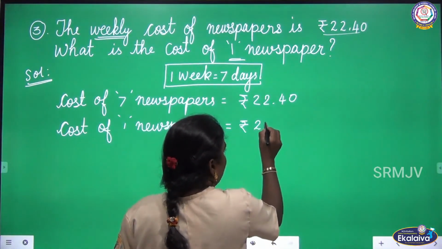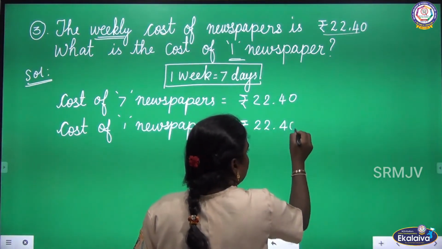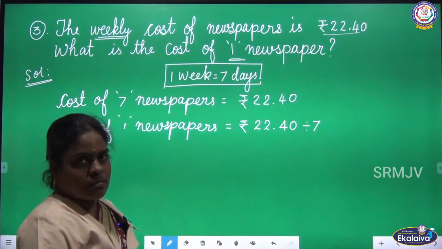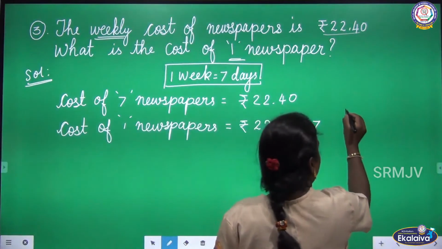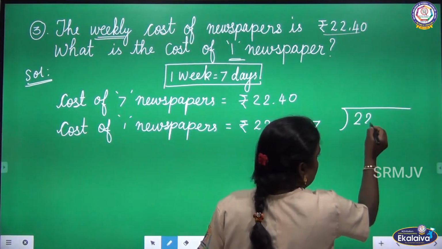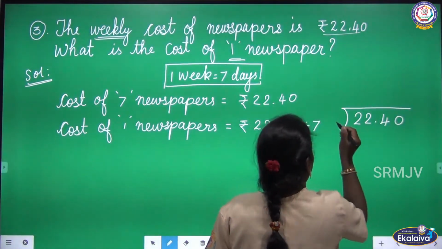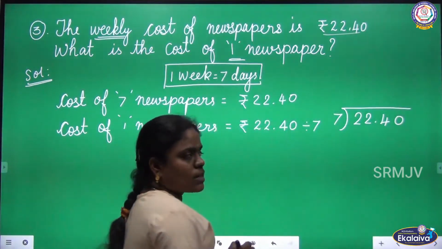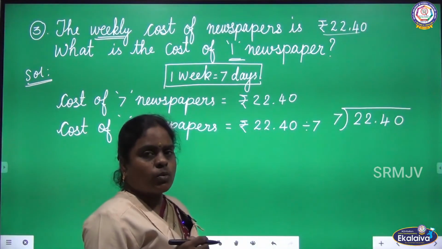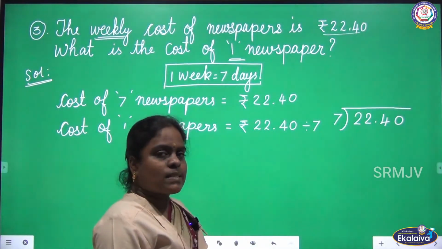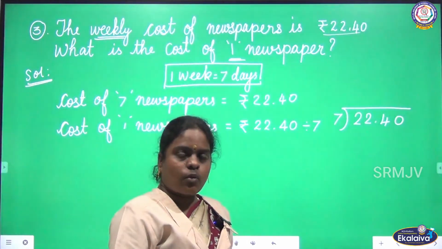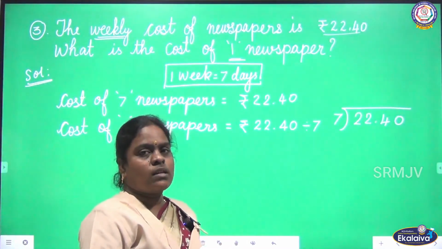We are going to divide the amount 22 rupees 40 paise by 7. So let us divide the amount now. Arrange the numbers 22 rupees and 40 paise by 7. I am going to take 2 digits together, 22. If you recite the 7 table, 7 ones are 7, 7 twos are 14 and 7 threes are 21.